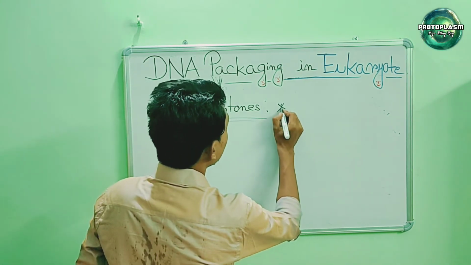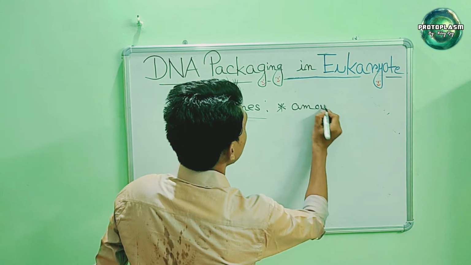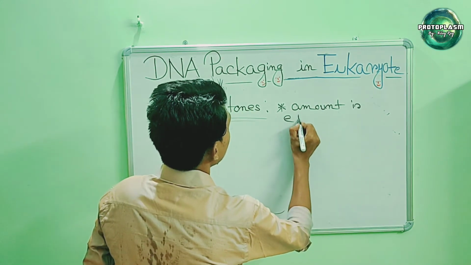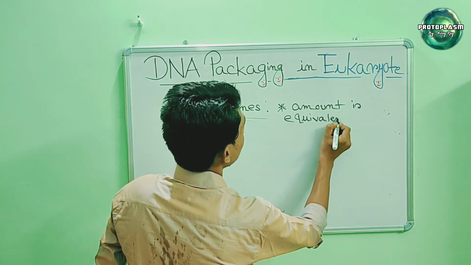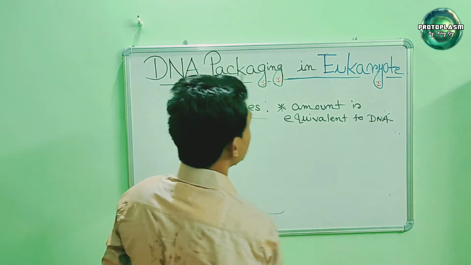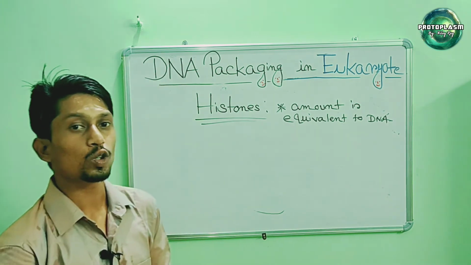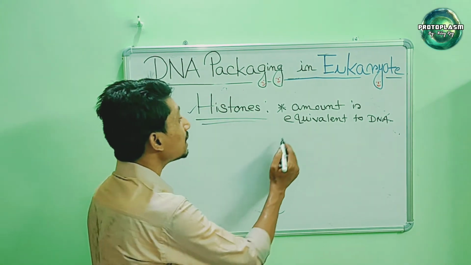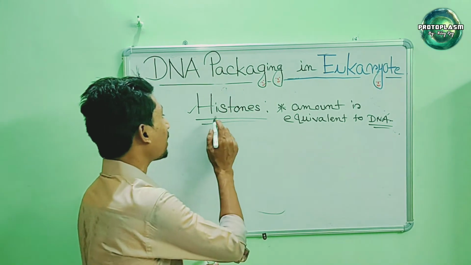So first of all, remember that the amount of histones is equivalent to DNA. So what does this data suggest? This data suggests that there should be some interaction between these histone proteins and the DNA molecule.